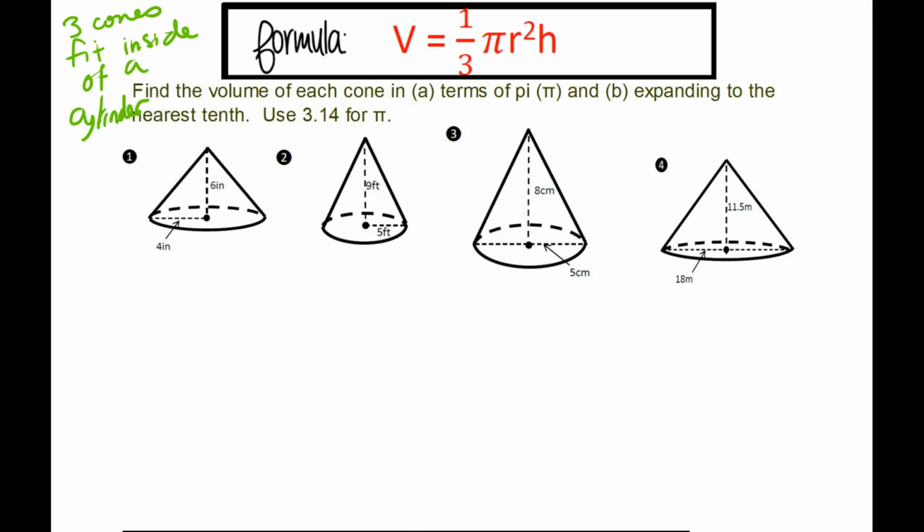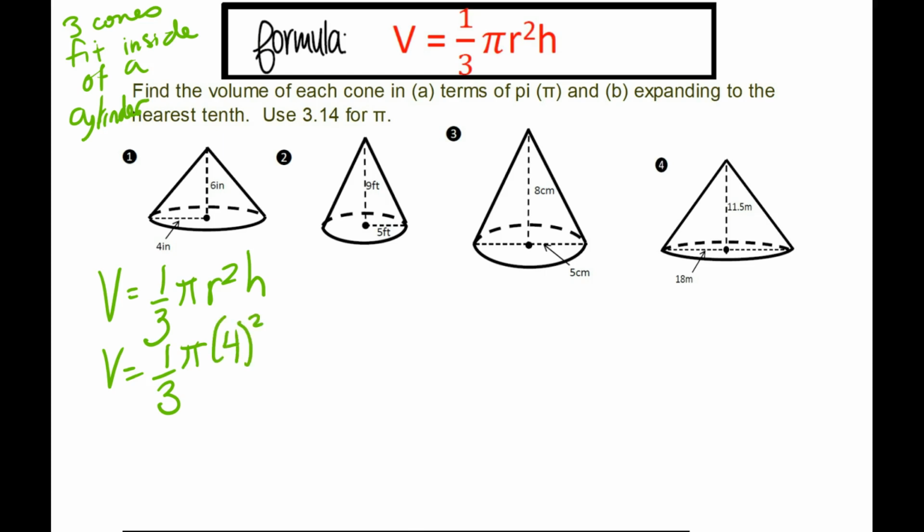So V is equal to 1/3 times pi times r squared times h. So in terms of pi first, I'm going to do 1/3 times pi, leave it alone, times r squared, 4 squared, times h, which is 6.